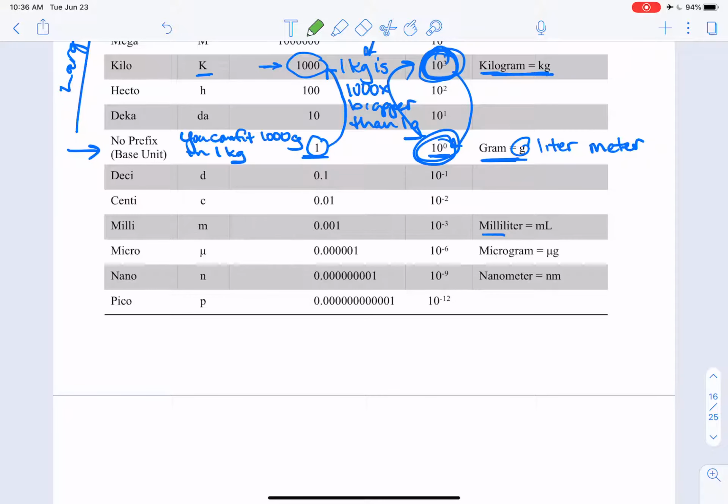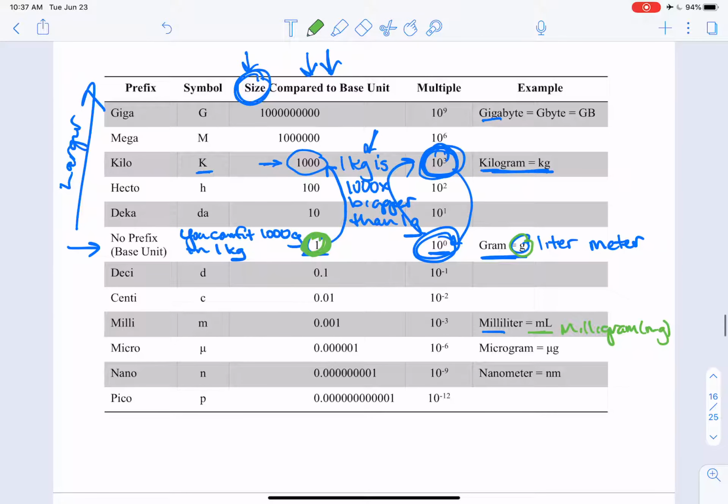Okay, so let's do gram, and instead of milliliter, let's do milligram. So we can relate gram to milligram. Now, if we have our base unit here, again, we're looking at the size.